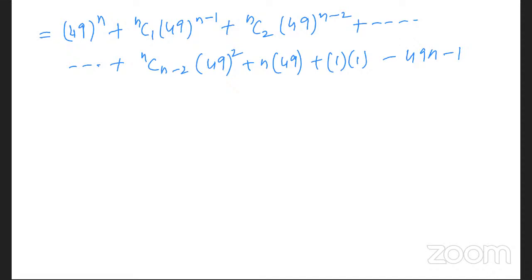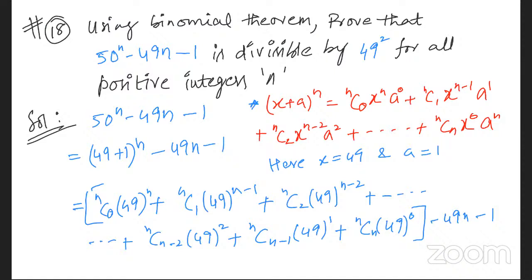Look at the previous term. We have nC0. nC0 is 1 and nCn is also 1.